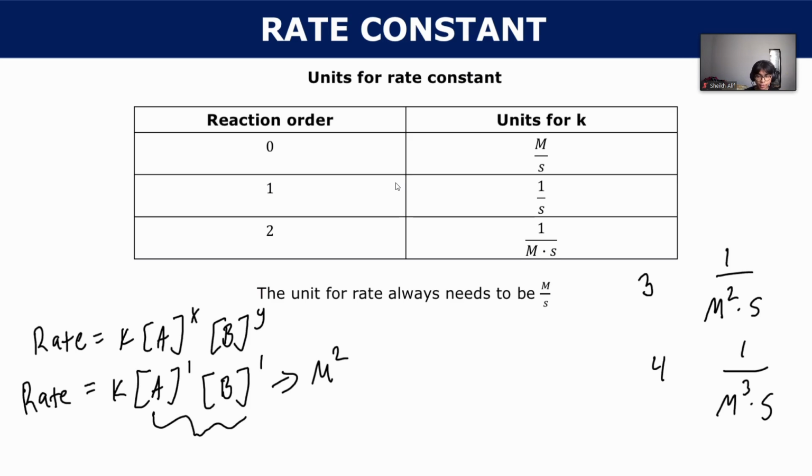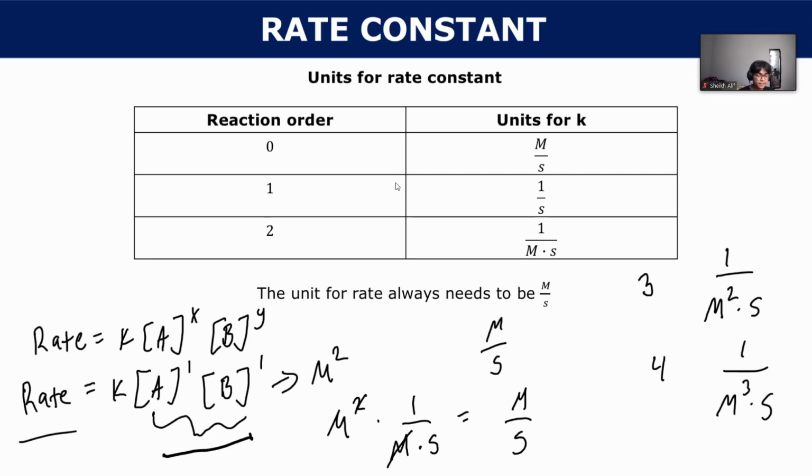In order to negate that molarity squared and get molarity over seconds, we need to multiply this value by 1 over molarity times seconds. That cancels out and you're left with molarity over seconds. So essentially the unit for k is what helps balance out the unit for the A times the B. And regardless of what reaction order you have, the unit for k needs to be something such that the unit for the rate is going to be molarity over seconds.